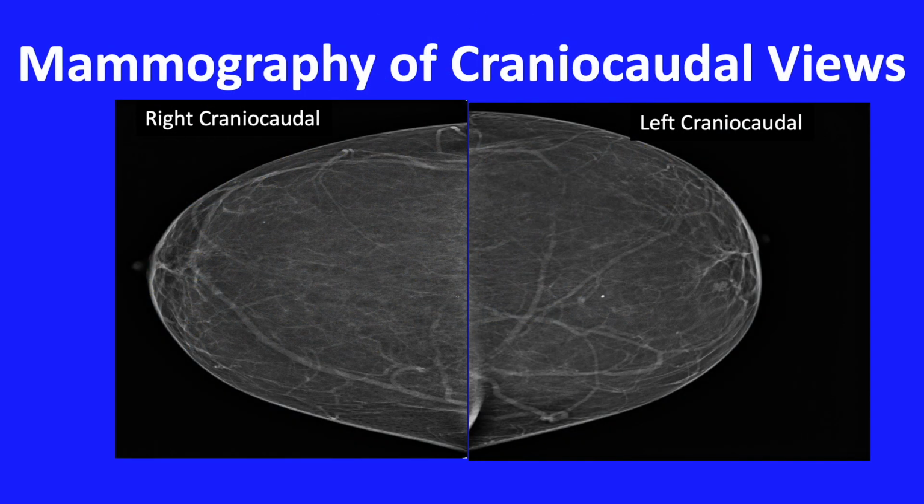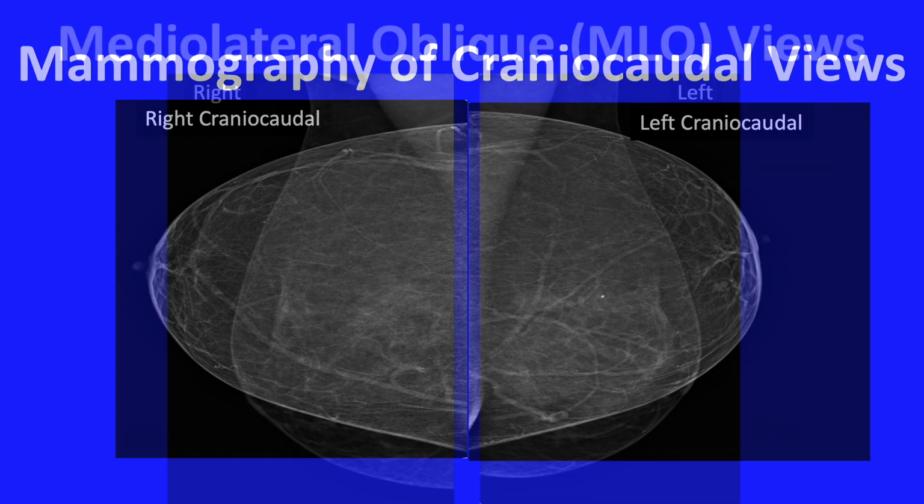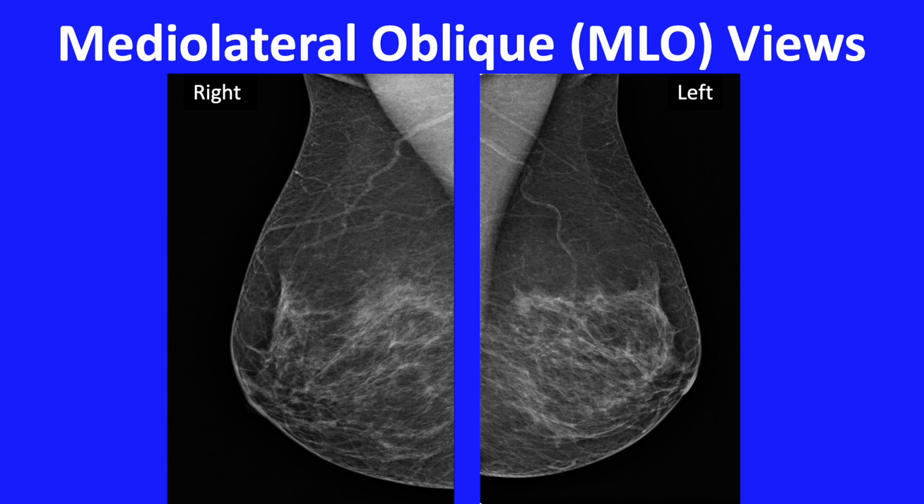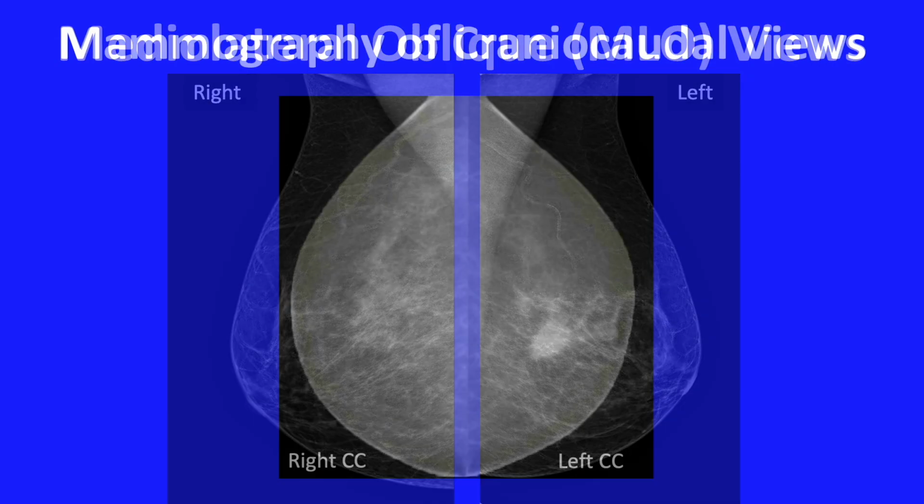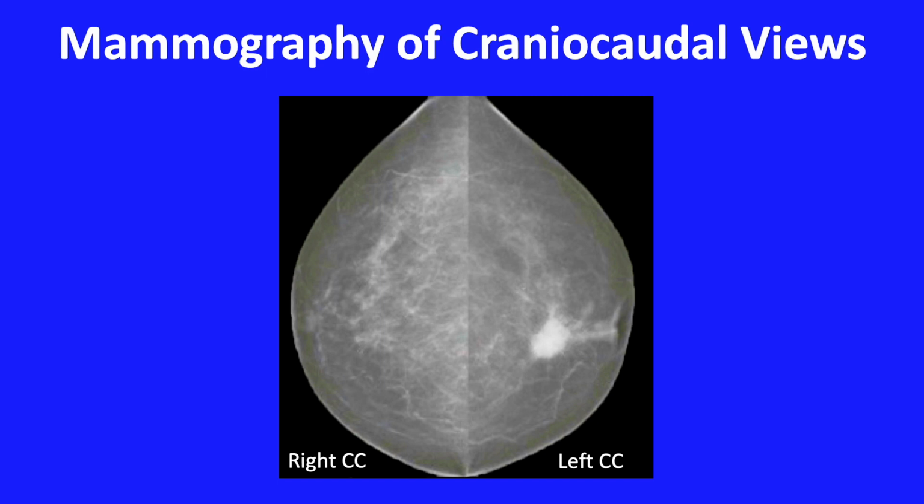For now, let's look at the two images rendered from the right and left cranial caudal views, and the two from the medial lateral oblique views. In these 4 images, there is no sign of cancer. However, here are the mammography results from a different patient that is clearly showing a cancer.